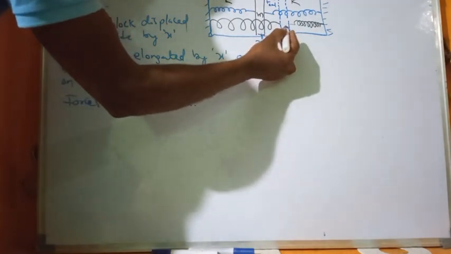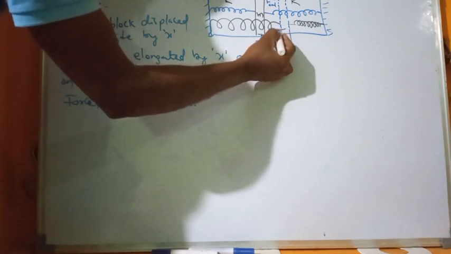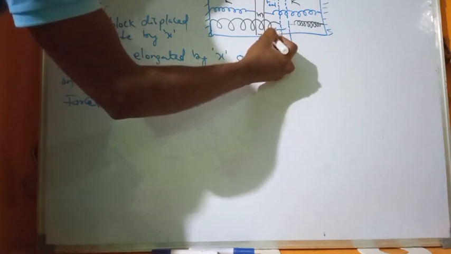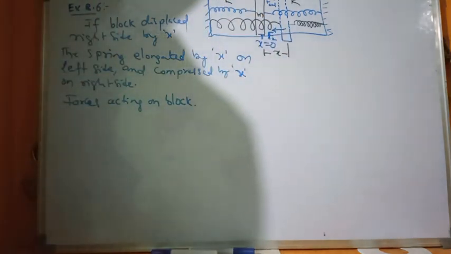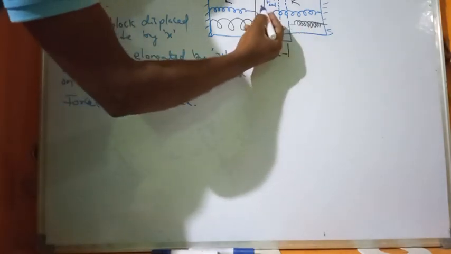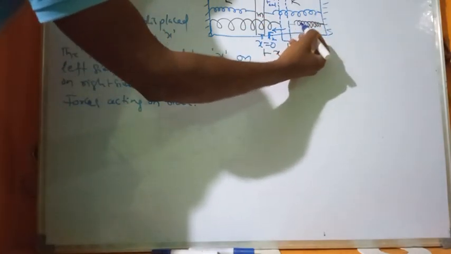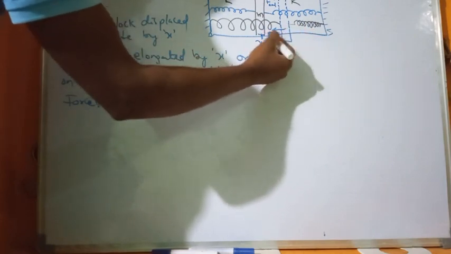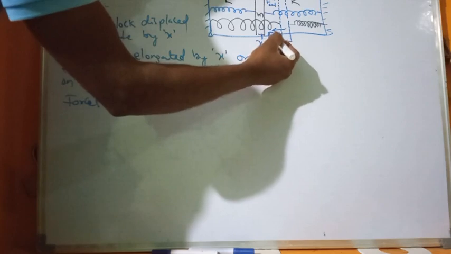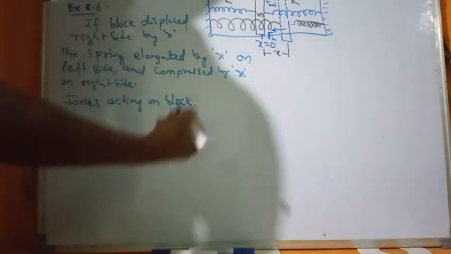That restoring force acts towards the mean position. I am taking it here as F2. The compressed spring pushes the block towards the mean position by F2. This is our restoring force F2.